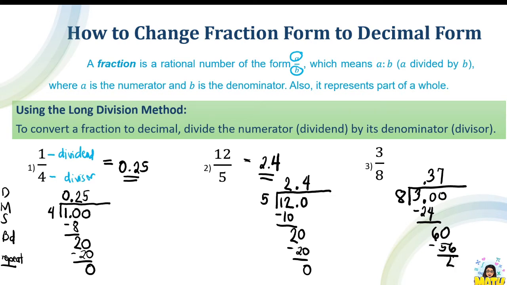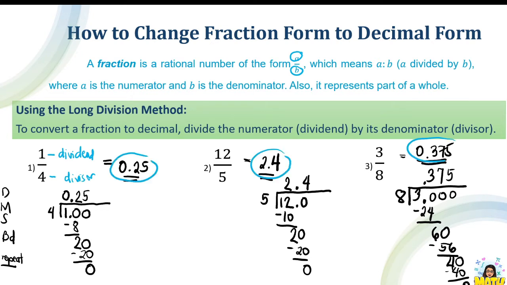Subtract is 4, and then continue the process. 0. 40 divided by 8, 5, and 5 times 8 is 40. So the answer here is 0.375. So that's how we change fraction to decimal form.